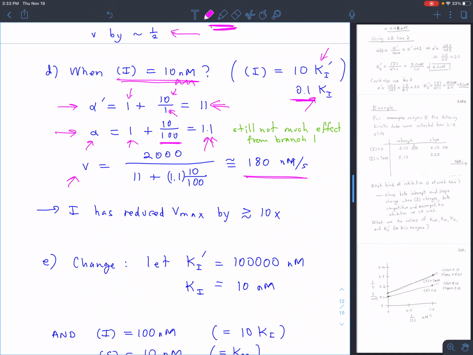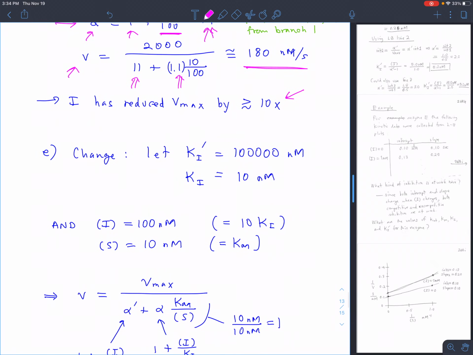And that gives a velocity, finally, of 180 nanomolar per second, which is about 10 times less than 2,000. Even more than 10 times less than 2,000. So we've reduced the maximum velocity now because we've got a lot of inhibitor present. We've reduced the maximum velocity by a factor of 10 without changing the Km very much.